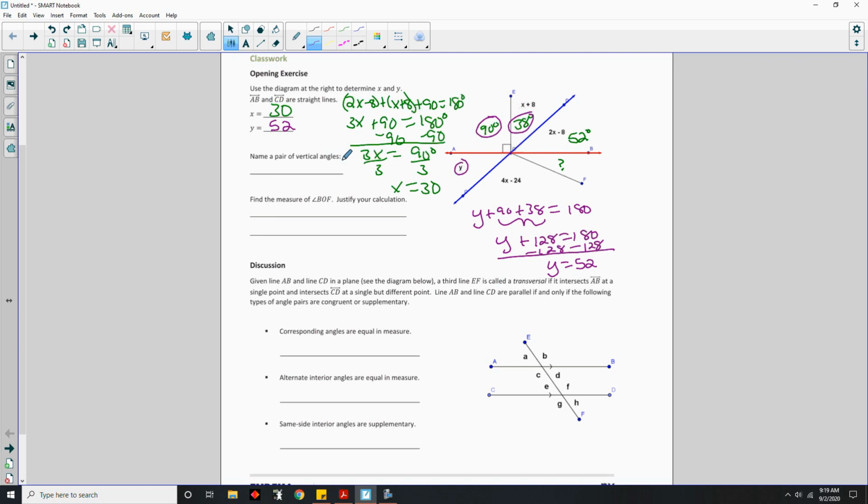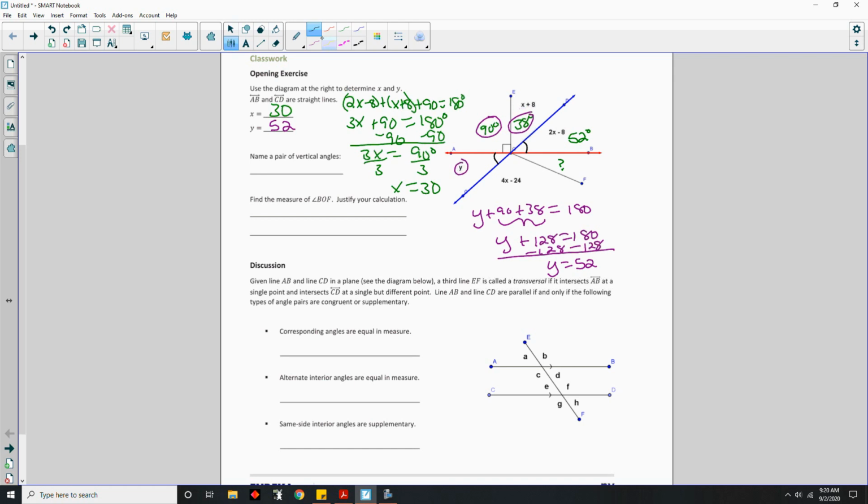Name a pair of vertical angles. Okay, so I have this angle that's formed by the red and blue line. I have this angle that's formed by the red and blue line. And I can't see, that's O, I guess.